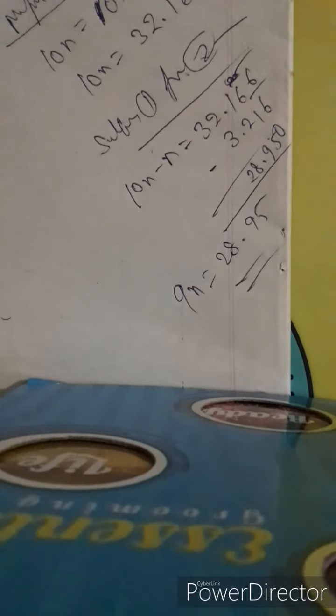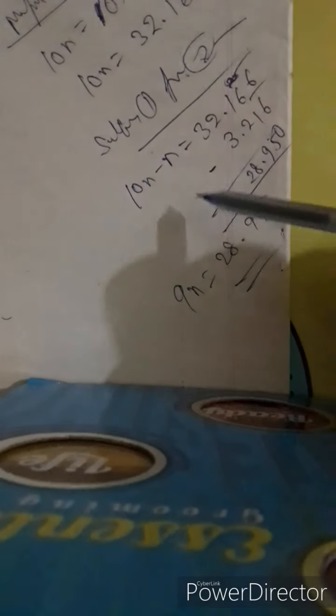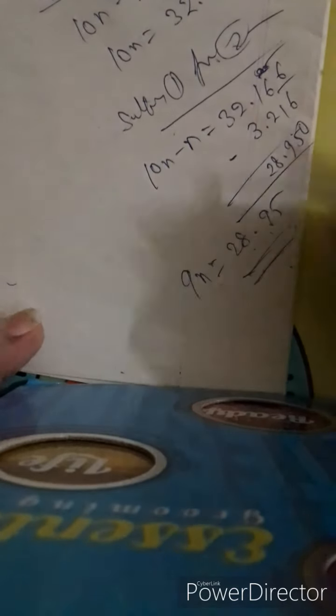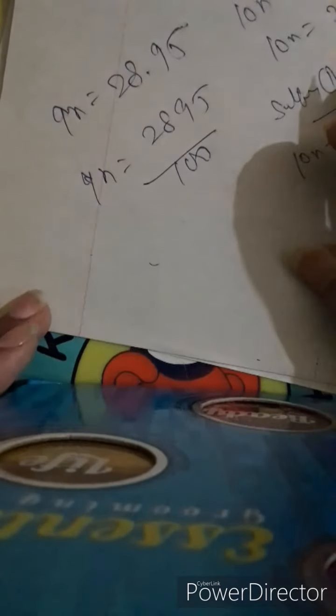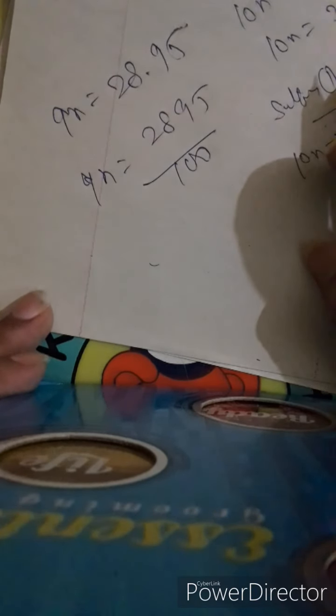After subtracting 1 from 2, we get 9n equals 28.95. What can 28.95 be written as? I'll just do it here. 28.95 can be written as 2895 divided by 100.